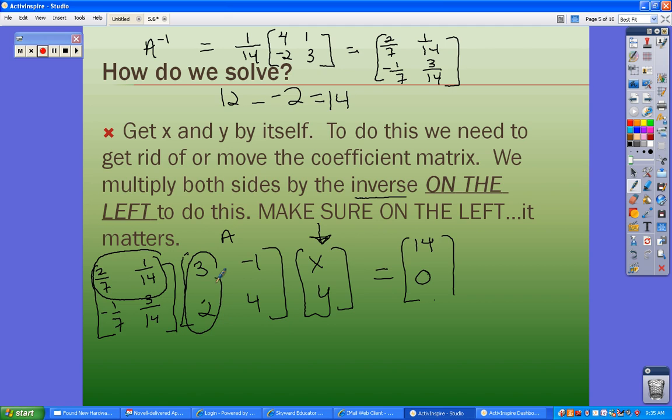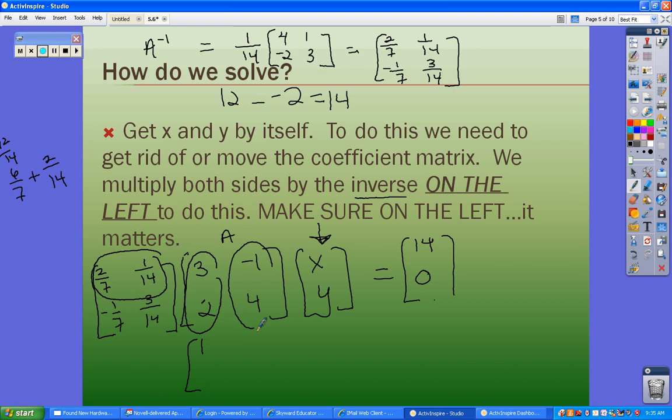Okay, let's see what I have here. 3 times 2 is 6 over 7. 1/14 times 2, this becomes plus 2 over 14. Okay, 6 over 7, that's the same as 12 over 14. 12 over 14 plus 2 over 14 is 14 over 14, which is 1, which is exactly what I expected to happen.